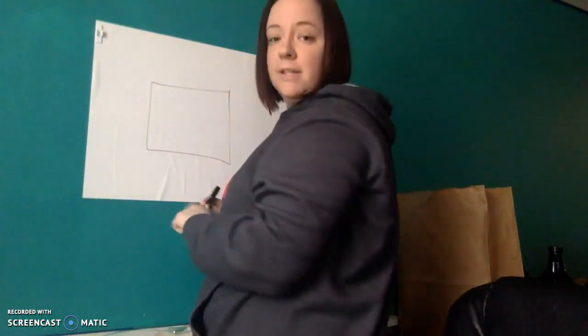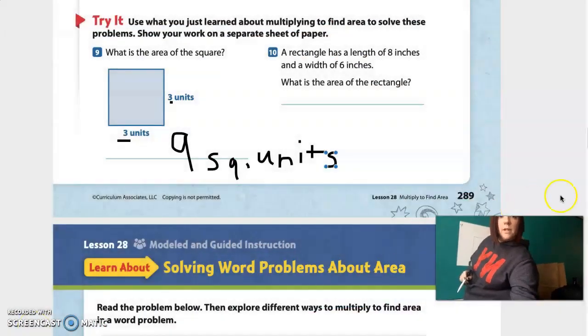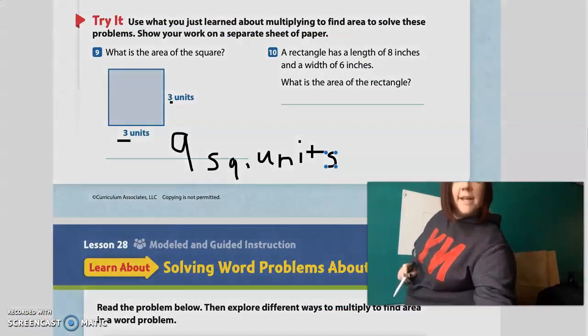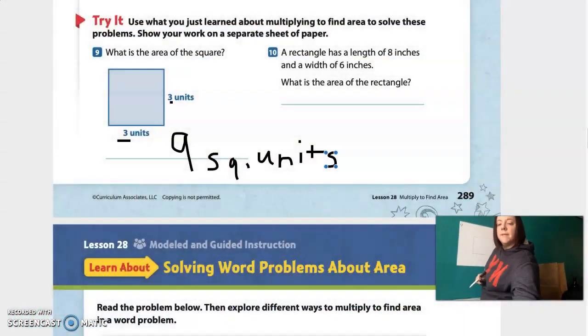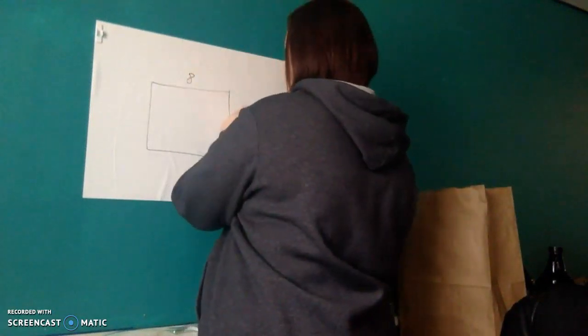Okay, there's my rectangle. And it said 8 and 6. So we know that our length is what? Can someone tell me? If you said 8, you are correct. And our width is 6.